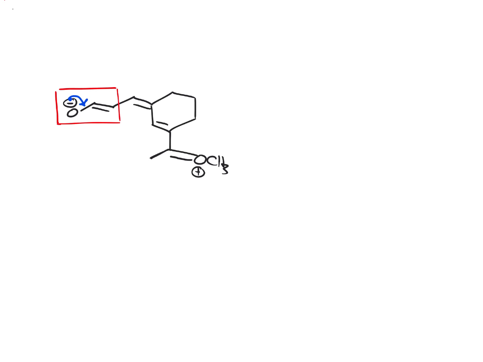I'm going to push those electrons down to form a double bond between the oxygen and carbon. But this carbon can't accept any more bonds without giving something up. So this pi bond will move on to its neighbor as a lone pair. And that's how we get the first resonance structure.